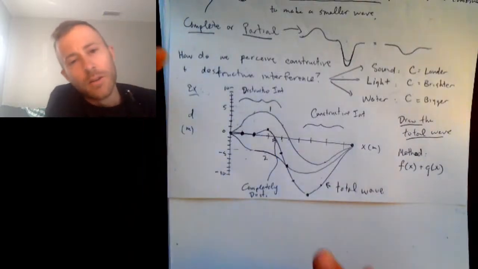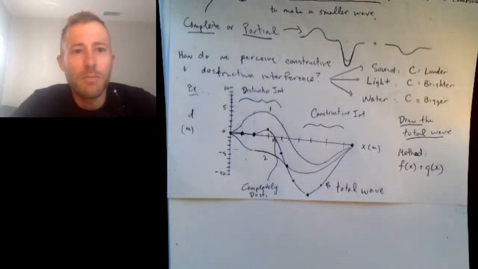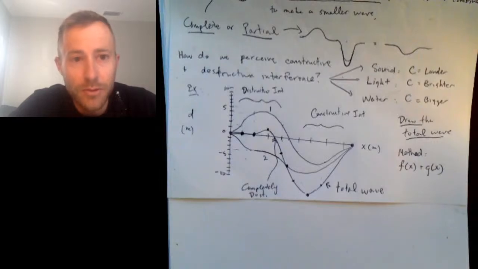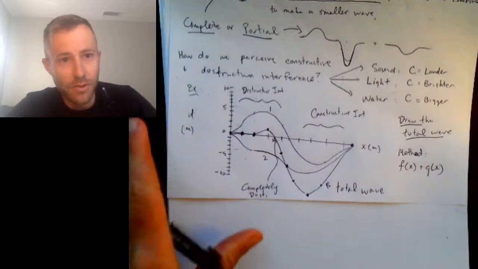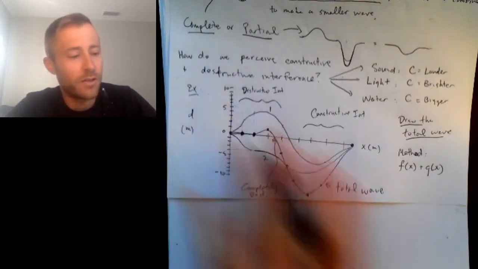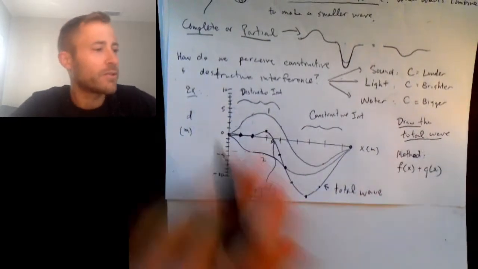One of the ways that you might be asked to combine waves is graphically. So this is how you do it graphically. I think that you guys understand how to add two functions, f of x and g of x.